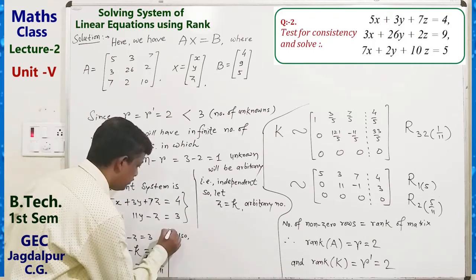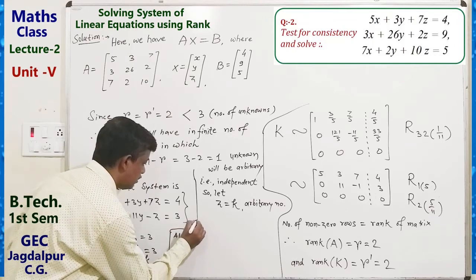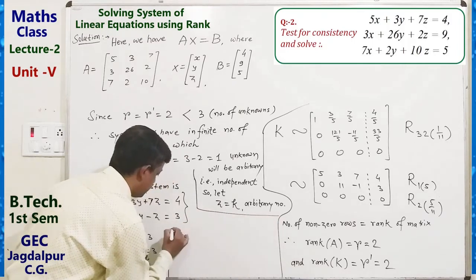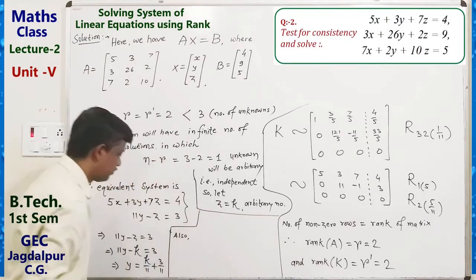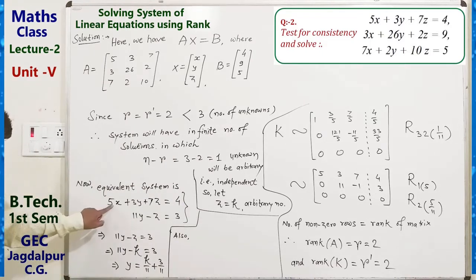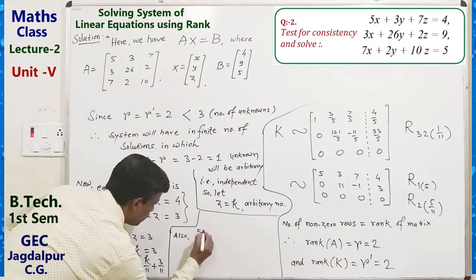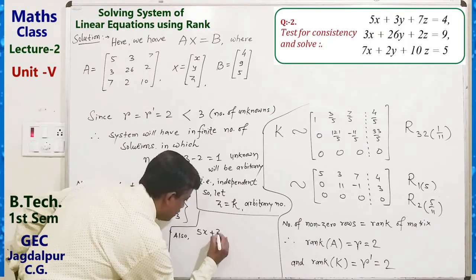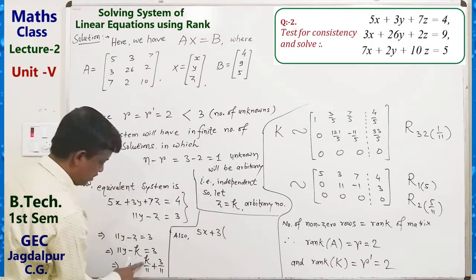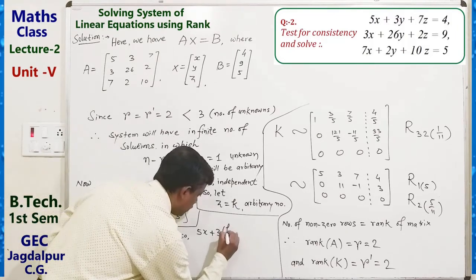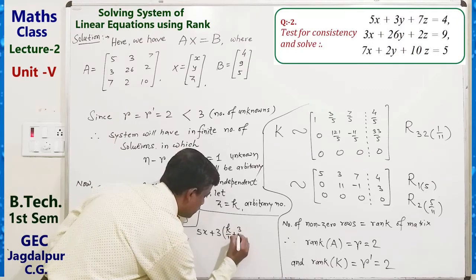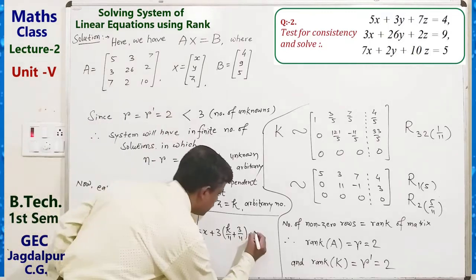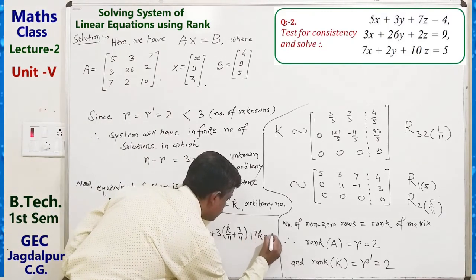So 5x plus 3y, that is 3 times k by 11 plus 3 by 11, plus 7k equals 4.